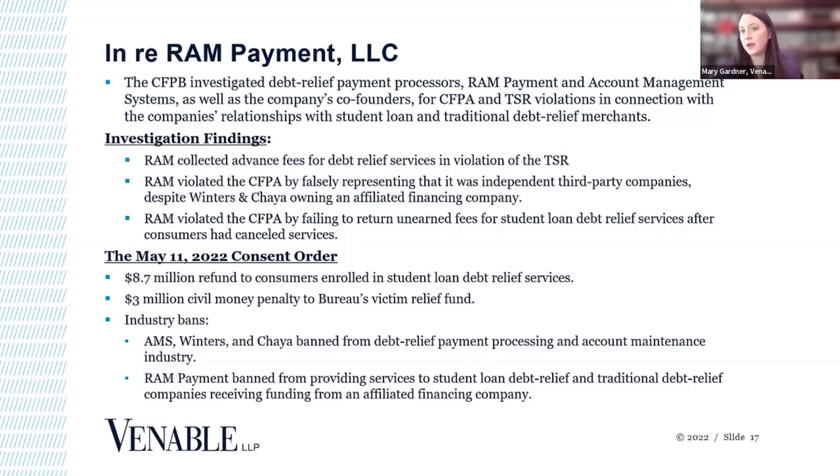So they can still operate in the space, provided they do so legally. And interestingly, Len was just talking about the CFPB supervisory authority. One provision of the consent order is that RAM consents to be under the Bureau's supervisory authority. So, we may see that in action soon.